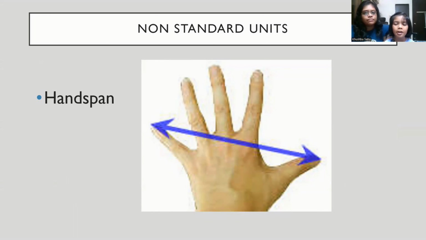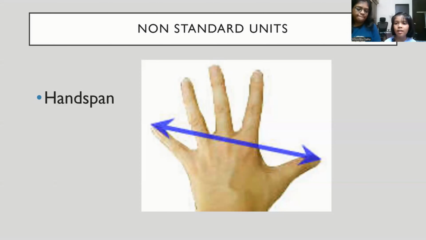The non-standard units are hand span, foot span, forearm or cubit, and a pace. Correct. So basically, non-standard units means those units which are not standard and not acceptable worldwide.